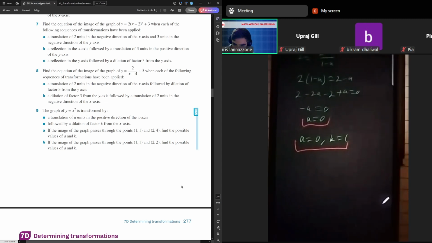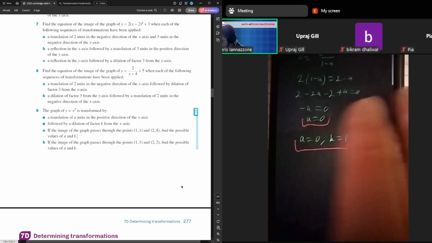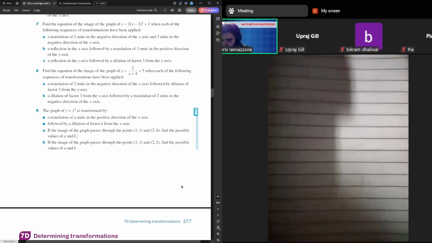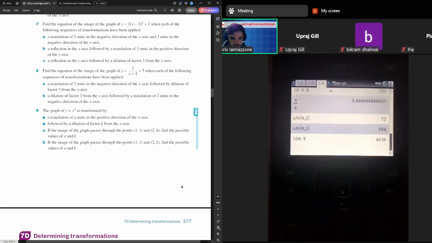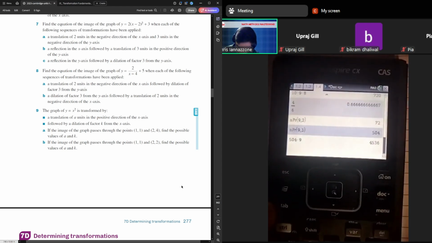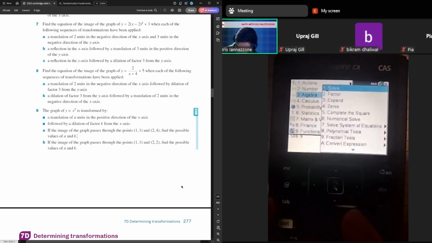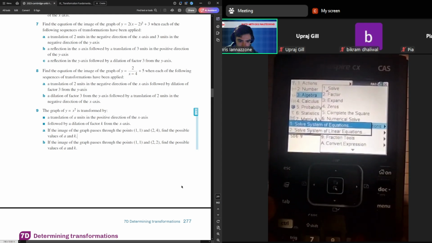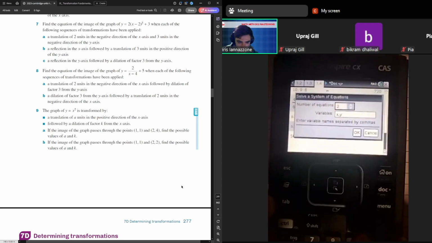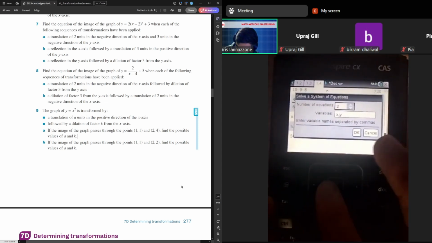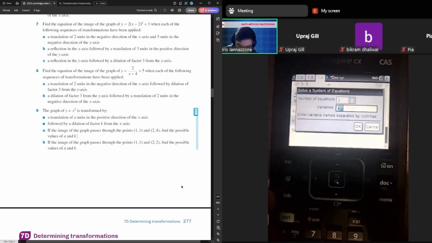Now, as for the CAS portion of it, just so you guys are aware, simultaneous on the CAS. So for TI Inspire, menu 3, 7, 1. So solve system of equations here. You click that, number of equations, however many equations you're doing, and then variables.